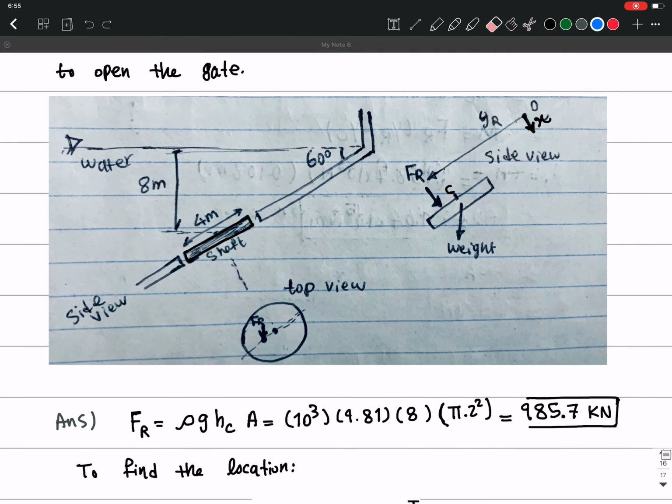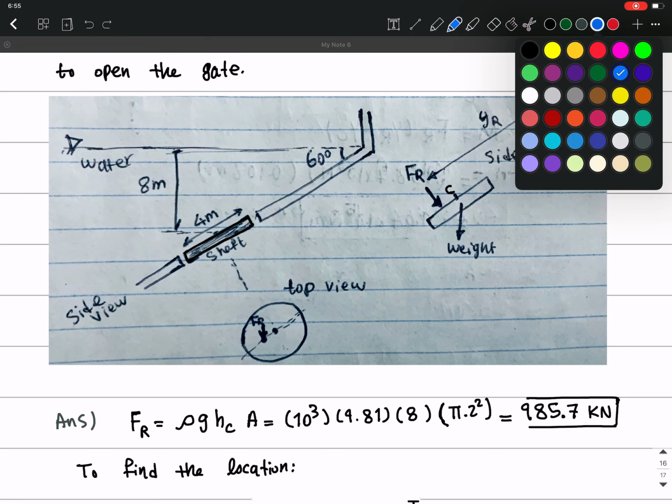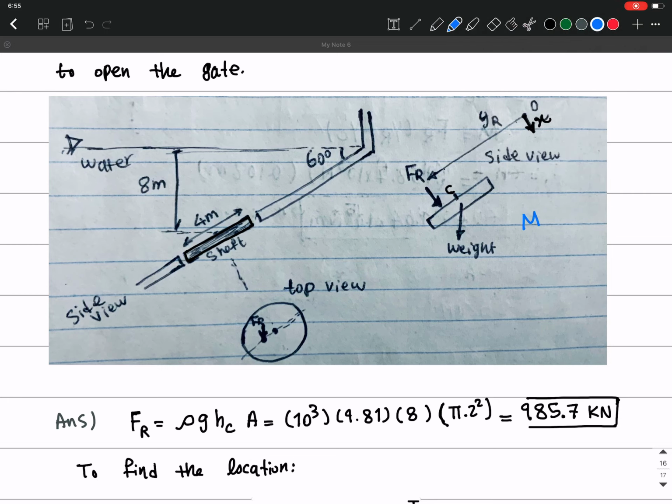So if you write it around the center, the moment around the center is going to be FR times this length here, which is YR minus YC, right? So this is YC. Okay, so we are going to have FR times YR minus YC.